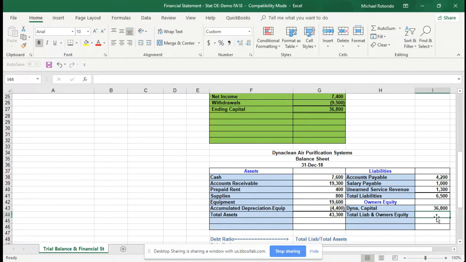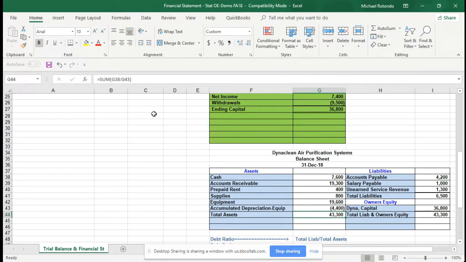So again, we should do our thick bottom border, and we're going to take our total liabilities plus our capital, and it should equal the 43.3. And it does. So we're in balance. So we can be confident in our numbers, okay, that we're in balance. The accounting equation balances. We have a summary of our asset, liability, and capital accounts.